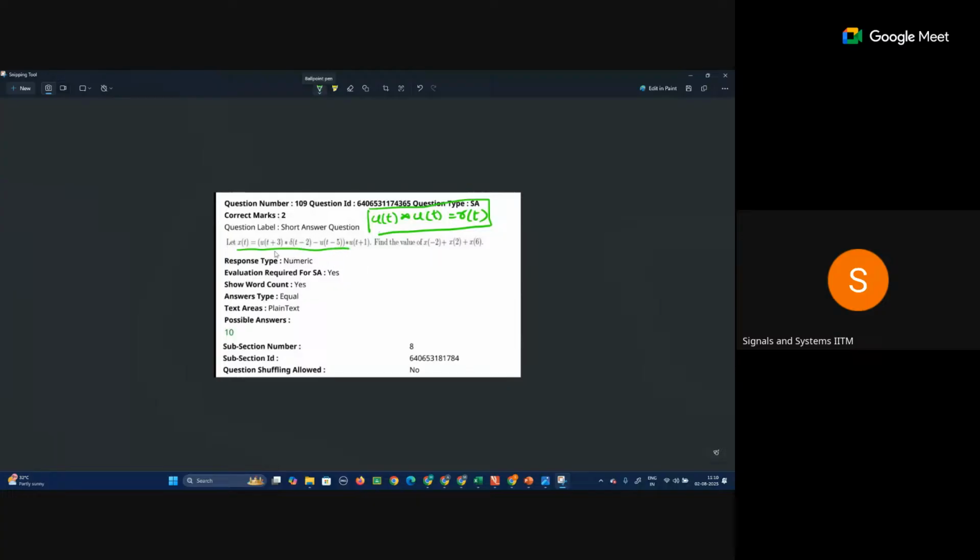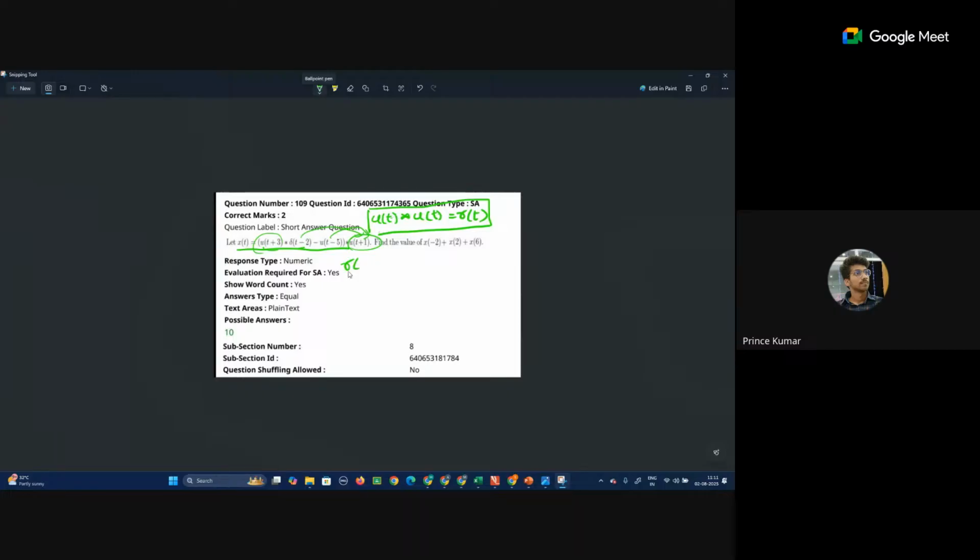Now we'll be using the distributive property over here. So this will be convolved with this. We'll be using the shifting property as well. From the shifting property, if something is shifted by minus t naught, here minus t1, then the resultant will be r of t minus t naught minus t1, right?